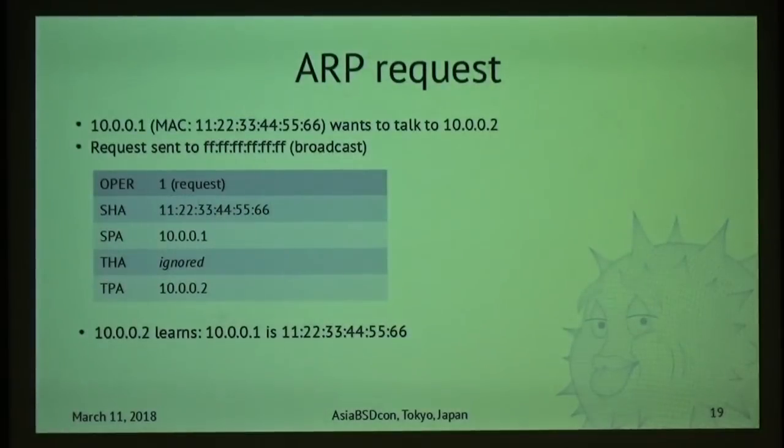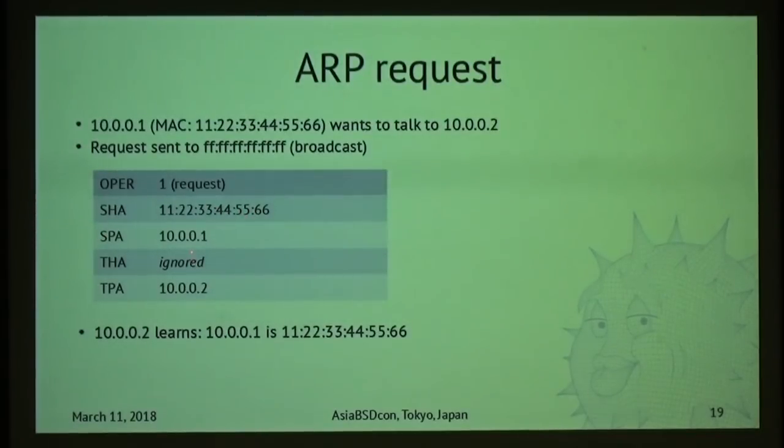So, how's that working? An ARP request. If a host 10.0.0.1 with that totally not made up MAC address wants to talk to 10.0.0.2, it does send an ARP request to the Ethernet broadcast address, which is all ones, surprise. The operation, of course, is request. The sender hardware address is its own MAC address.